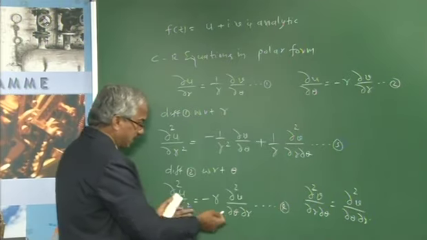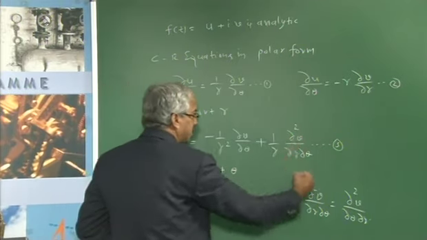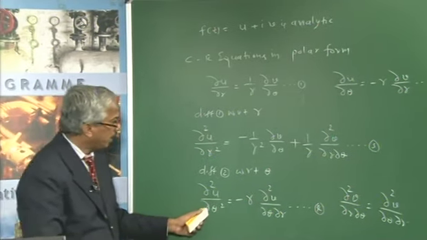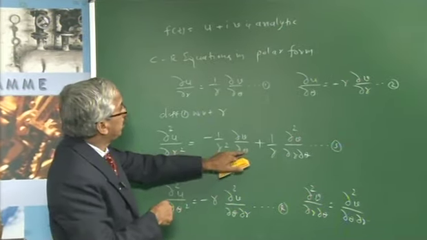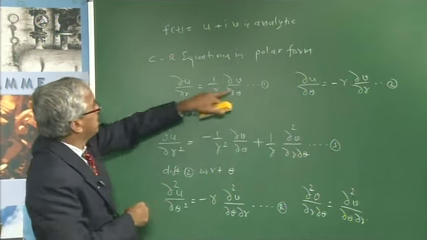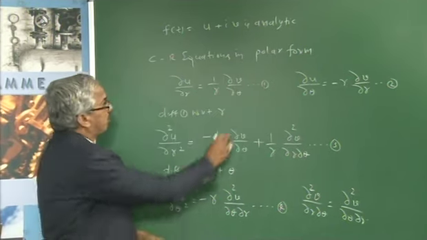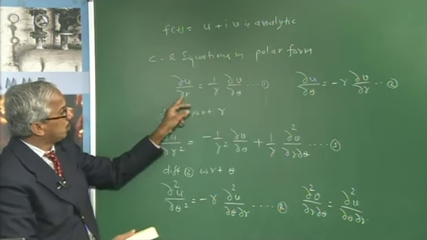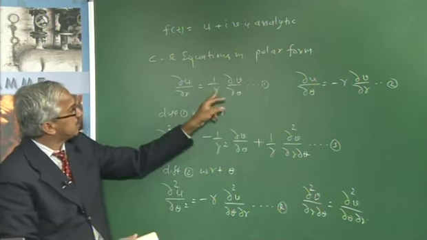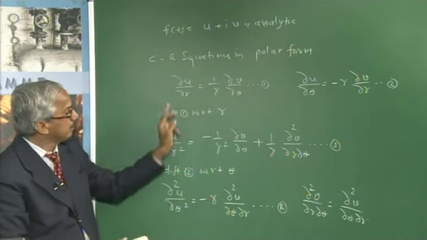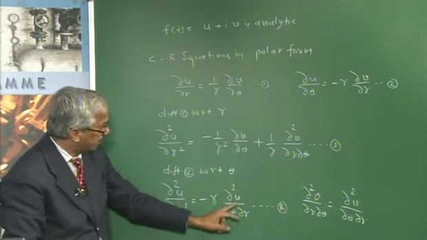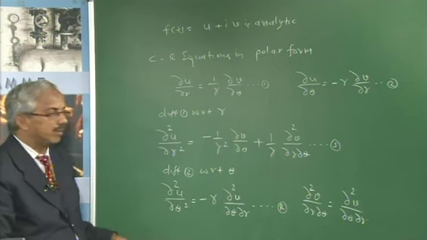So, using this result, I can replace this by minus 1 by r into dou square u by dou theta square, and dou v by dou theta I can get from equation 1. So, from equation 1 I can replace dou v by dou theta with r into dou u by dou r.